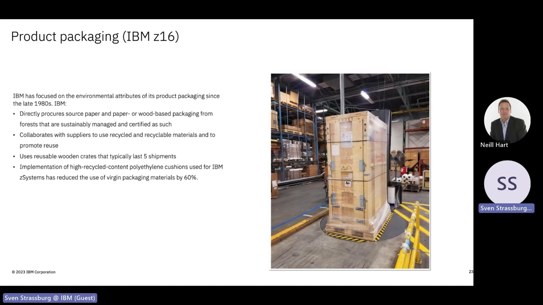And so when a mainframe is delivered, and it's been going on since the late 90s, we also reuse the packaging. We have this goal that says we will reuse it at least 5 times, so that when we ship the system, that concept of package waste doesn't exist.